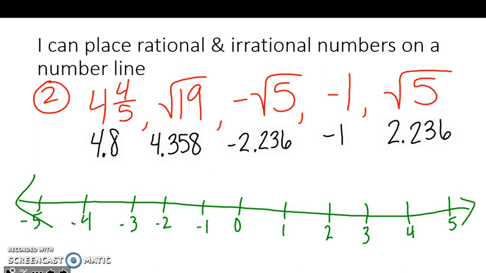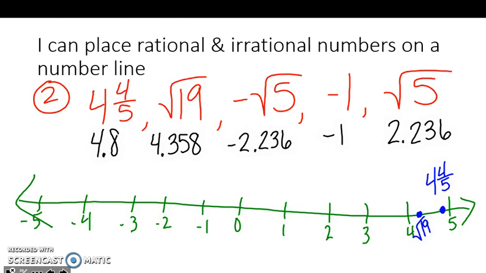Alright, and then start placing them on the number line. So 4 4/5 is 4.8, so really close to 5. Label it with its original numbers, 4 4/5. Square root of 19 is 4.358, so in between 4 and 5, closer to 4. Label it square root of 19.